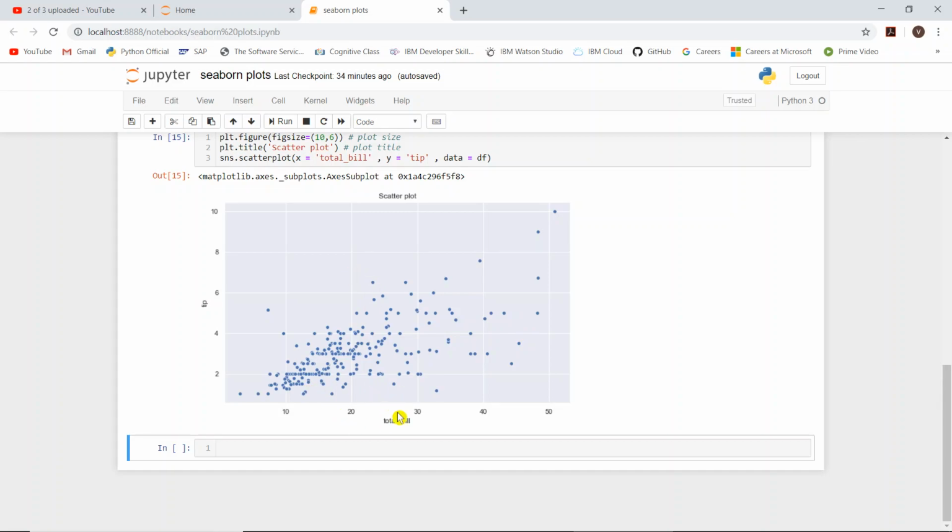Let us analyze this. See, for increasing total bill there is increasing tip, isn't it? For 10 the tip is something, for a total bill of 40 the tip is like this. Commonly the trend is, for increasing total bill the tip is also increasing. Here is the highest point, $10 for a $50 amount.